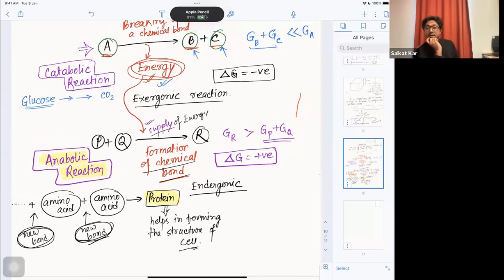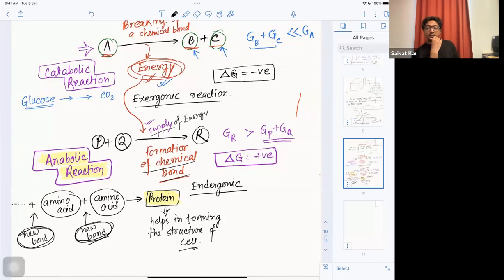The question asked by Ankit is, can we make polymer by removing water, just like hydrolytic enzymes break polymer by adding water?